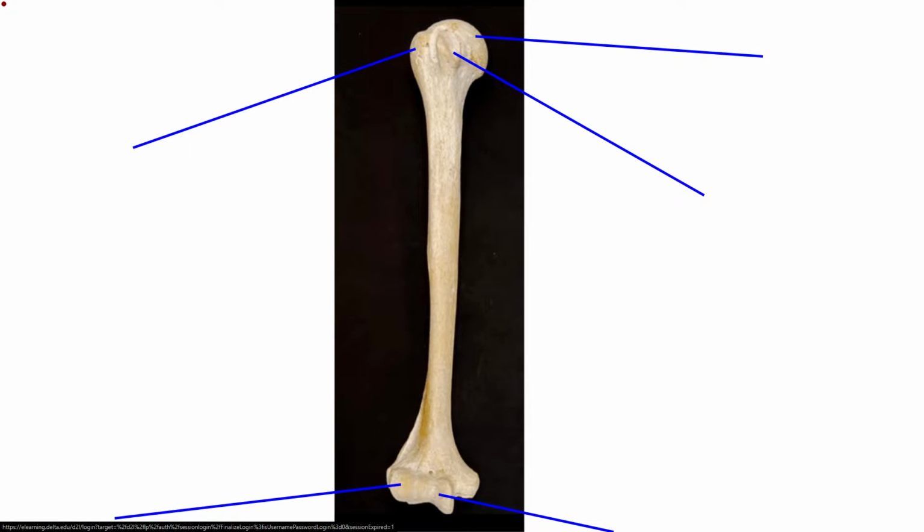But this bone is the humerus, and this is the head of the humerus. This is the lesser tubercle. This is the greater tubercle.